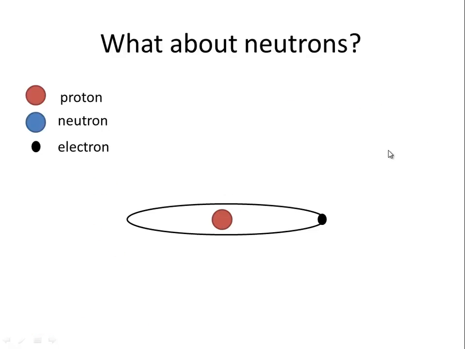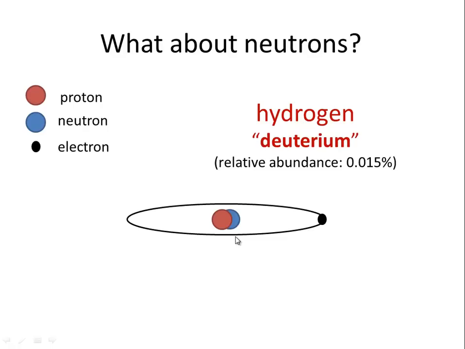Now, let's consider another type of hydrogen. If you place a single neutron in here along with the proton, we have not changed the identity of the element, because we've not changed the number of protons. This is a different form of hydrogen, and it has a special name. We call it deuterium.